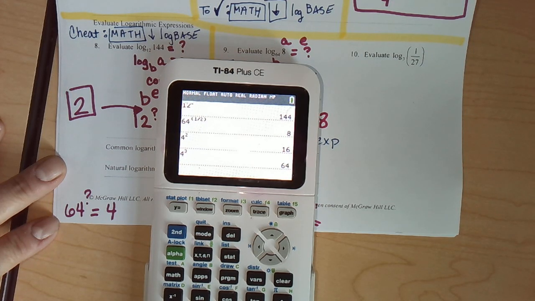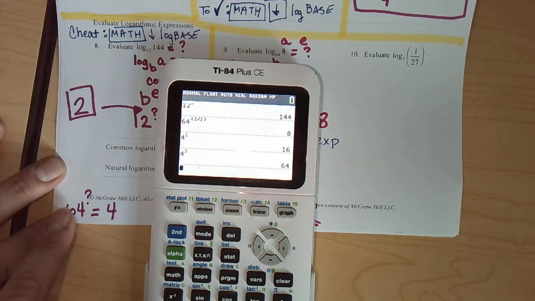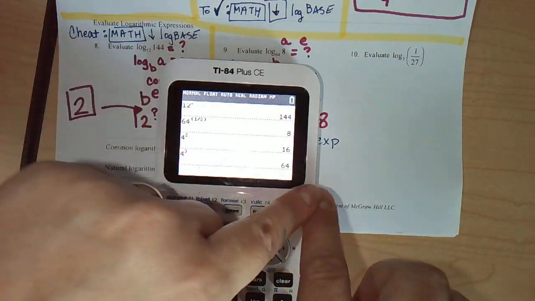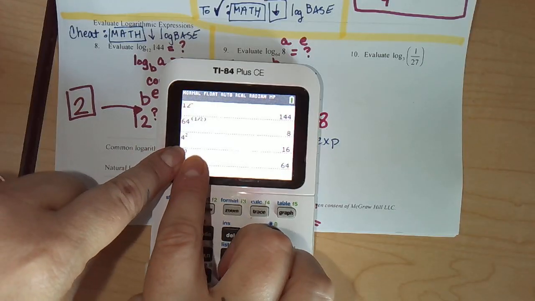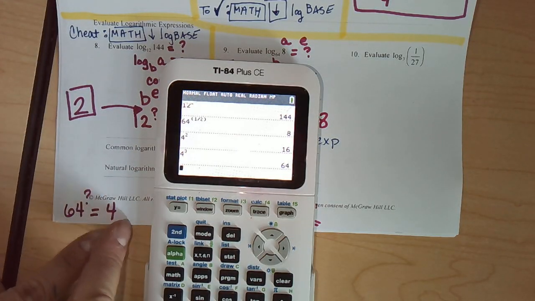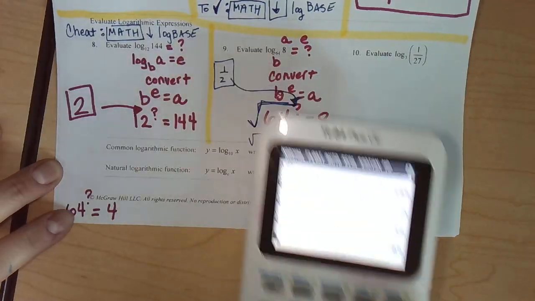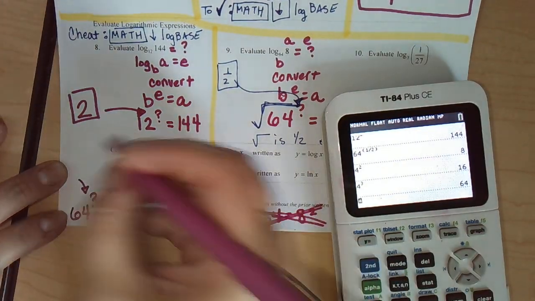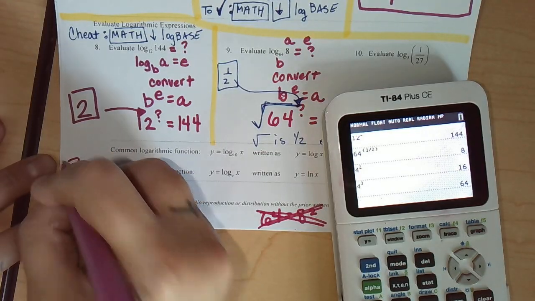Hot dog, 64. So to go backwards, so to go from a small to a big number, we have to use a positive exponent. To go from a big to a small number, we have to use a fraction. So this question mark would be 1/3.